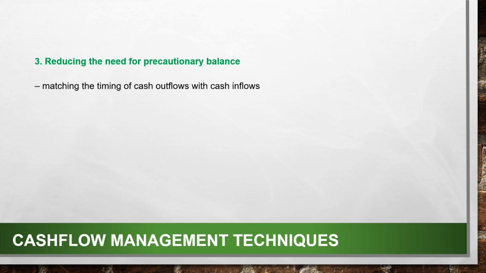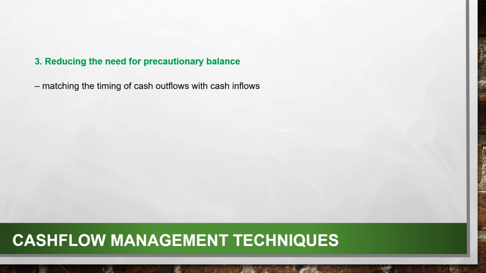So for a business, for example, if you want to reduce your precautionary balance, you have to match the payment to your suppliers with the credit terms offered to your customers.